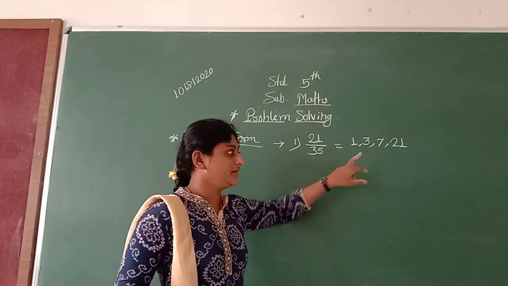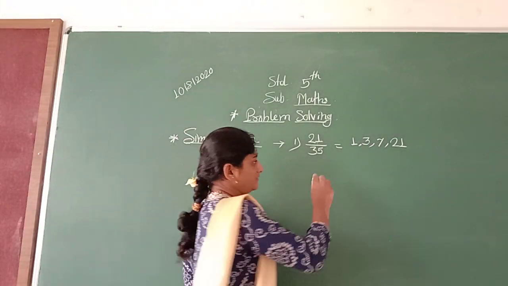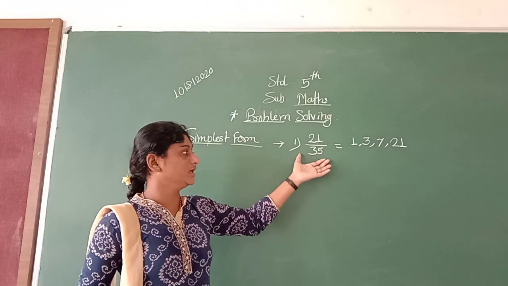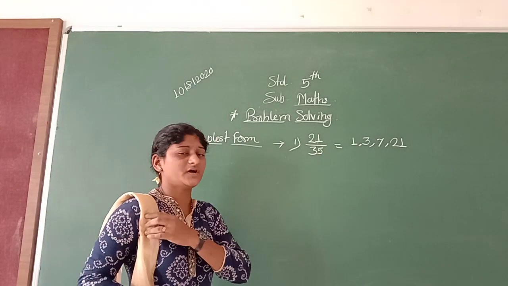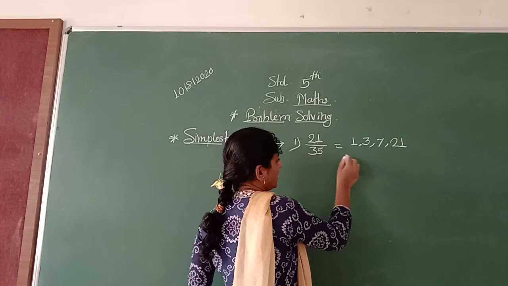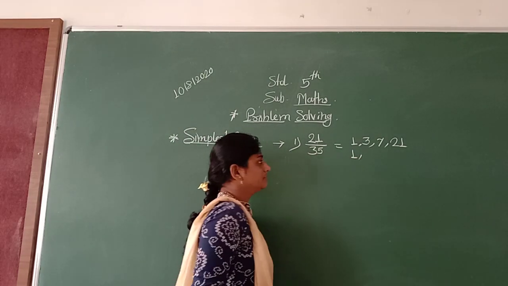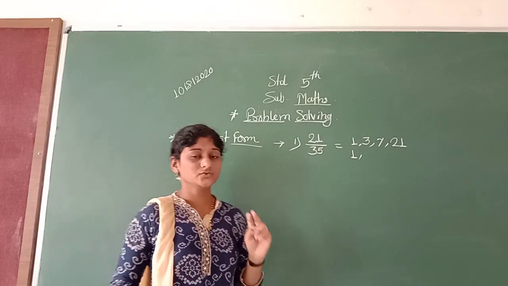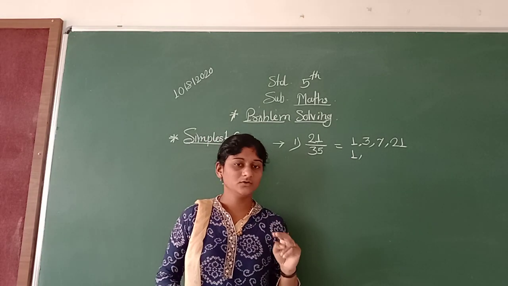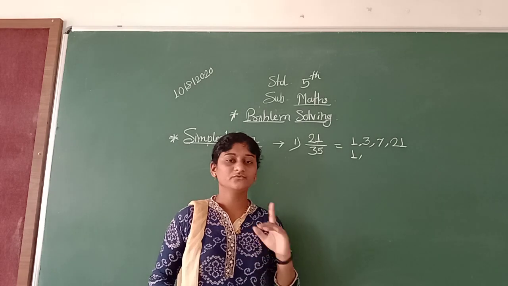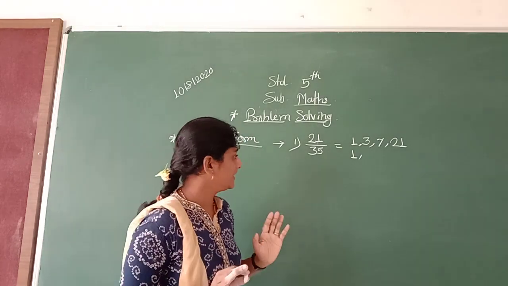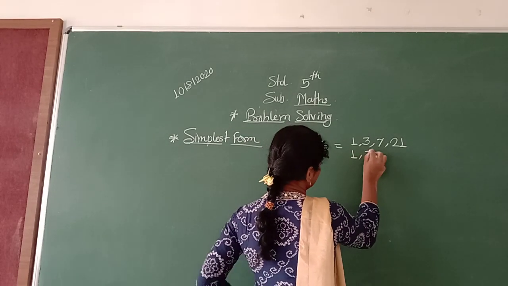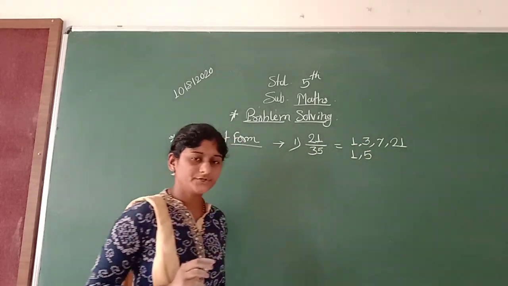Next 35. How to identify? You got some idea here? Same formula you can use to find out the factors of 35. It means see 35. For 1 will come. Then 35 is there. Then which table? In 2's table does 35 come? No. In 3's? No. 4? No. 5? Yeah. In 5's table, 5 sevens are 35.